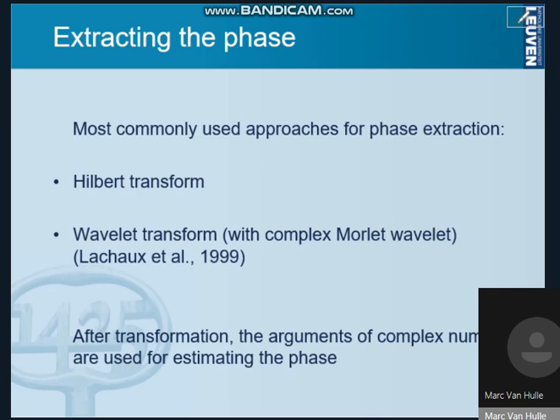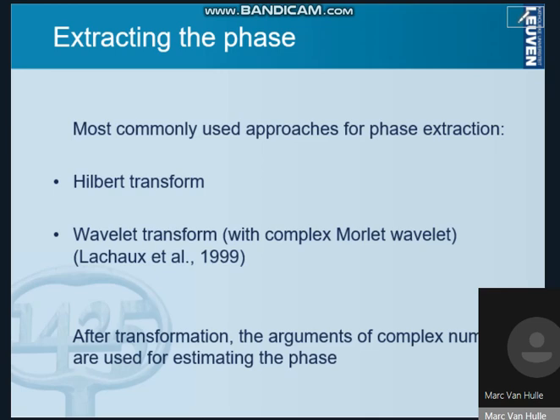It's a particular transformation, a mathematical construct that extracts from a real valued signal a complex valued signal, and if you have that, you can take the ratio and compute the phase. This is something we have discussed in one of our first chapters, where we introduced some concepts about signal processing.